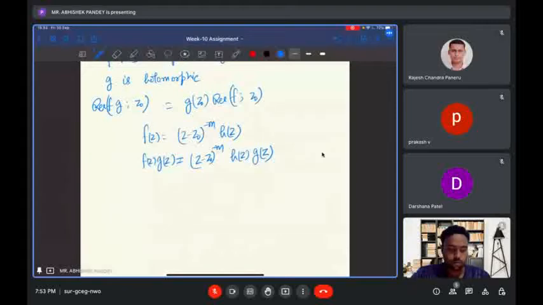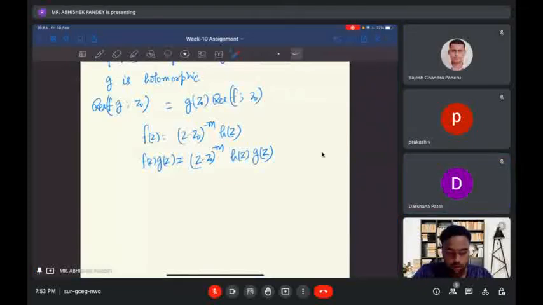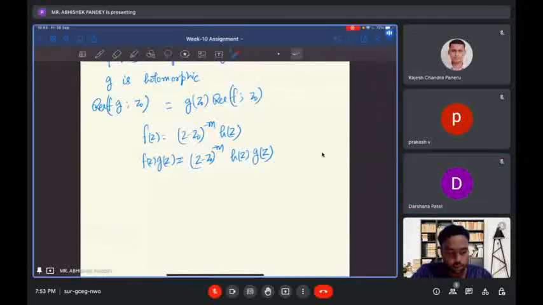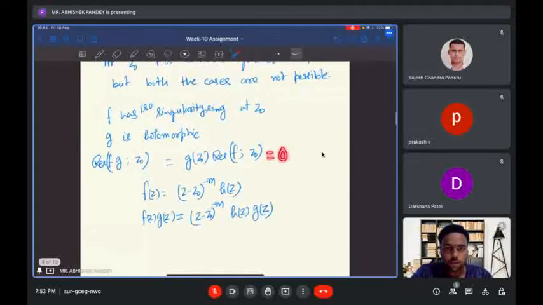So once you have a pole of order m, the residue of f at z naught is basically 0, isn't it? Yes sir, that will be 0 residue. So here you will get 0. Is it clear to you or not?